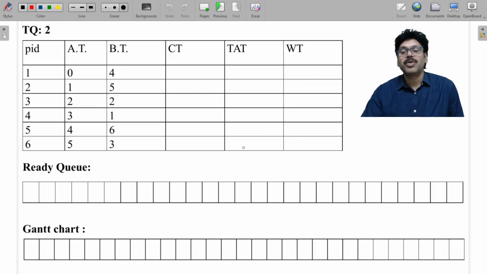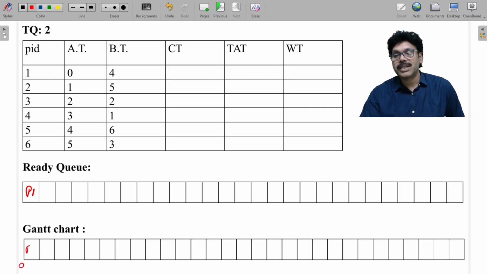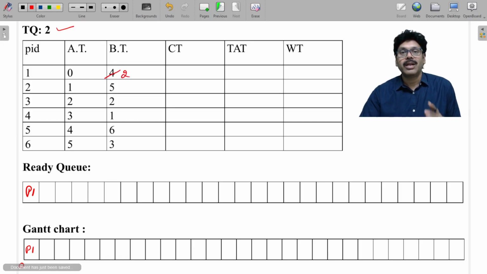Let us see one more problem. At arrival time 0, only one process came, P1. Now at 0, P1 is executed. What is the time quantum given? You will get it in the exam. Time quantum 2 is given. It executed 2 units. Now let us verify clearly.